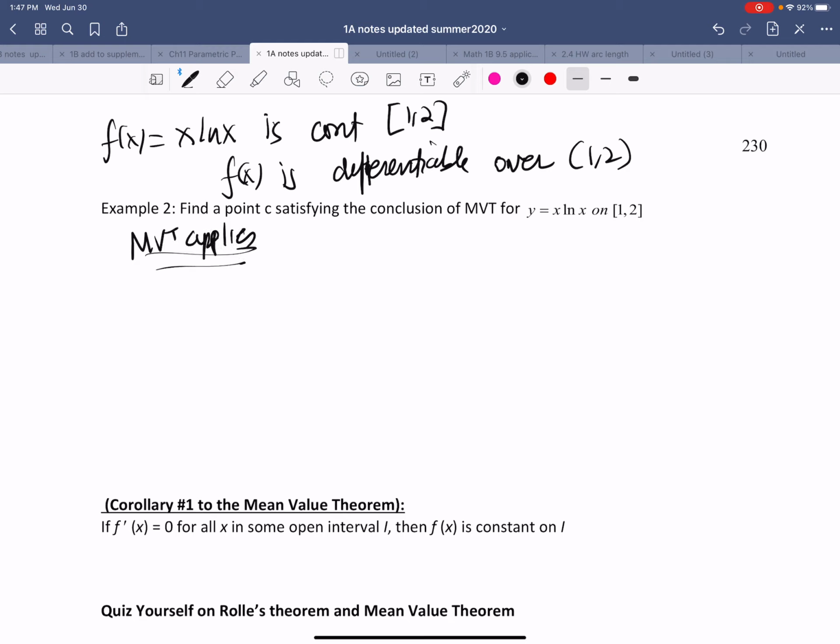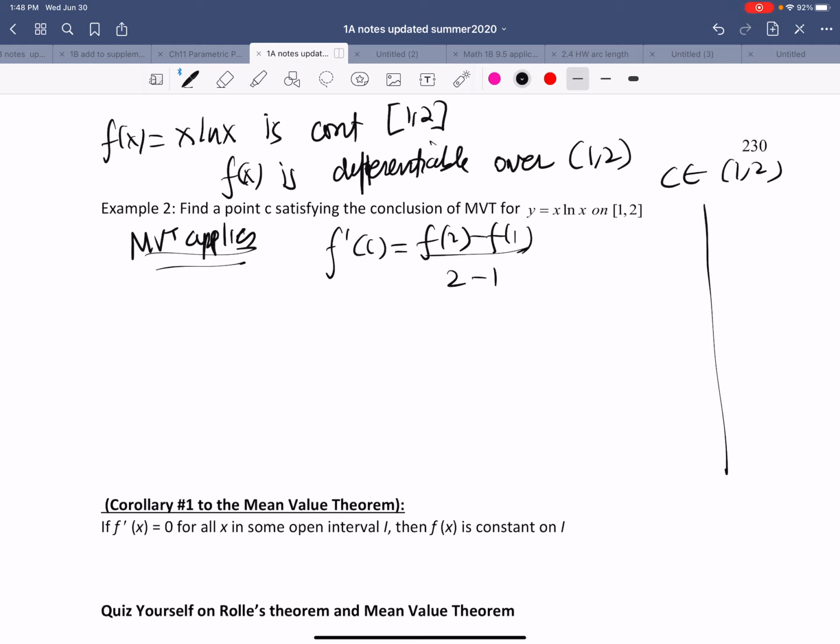The mean value theorem says there is a c in the interval 1 to 2 such that f prime of c is equal to f of 2 minus f of 1 over 2 minus 1. So f prime of c, what is the derivative y prime? y prime would be x times 1 over x plus natural log of x, which is 1 plus natural log of x.